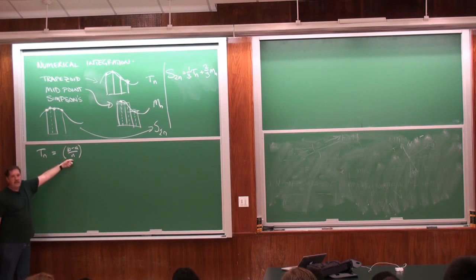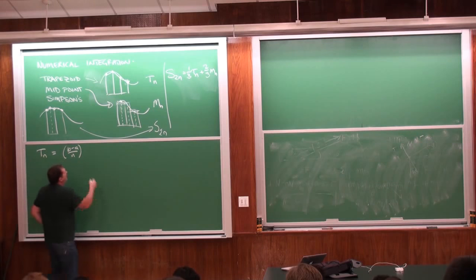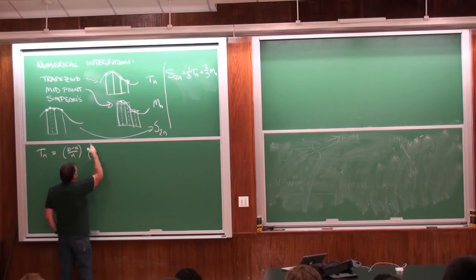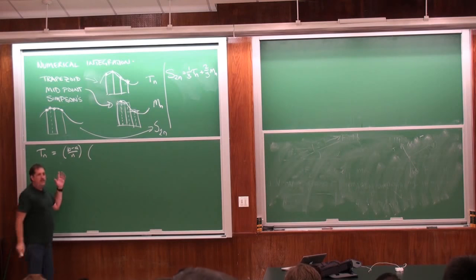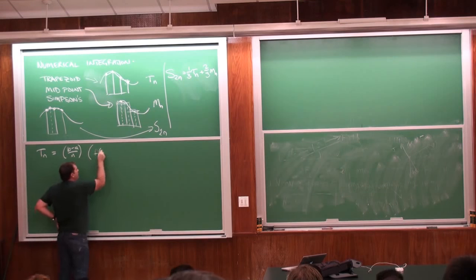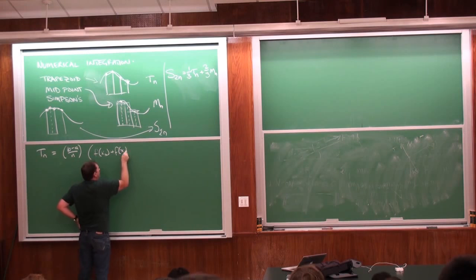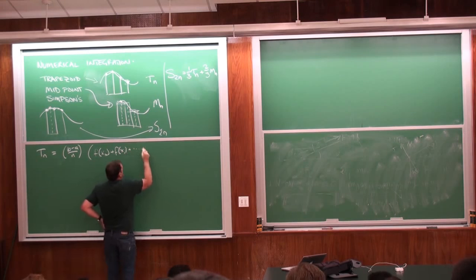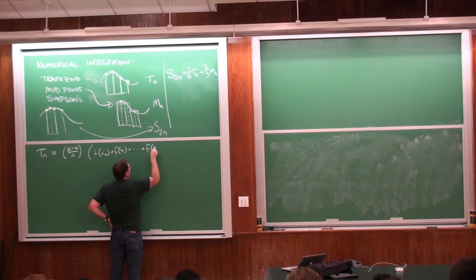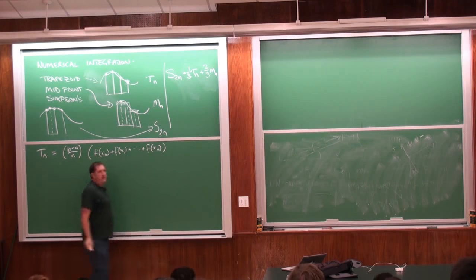So I take the width of each little piece, and then I want to average. So I pick my n points, it's really n plus 1 because I start at 0, and I evaluate my function at the first point, at the second point, and at the last point. So here I have n plus 1 points.